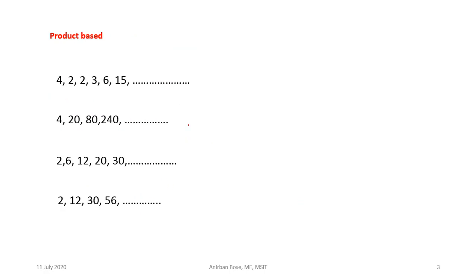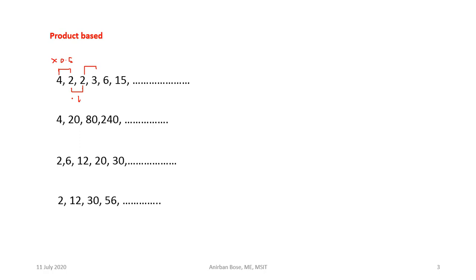Here you see some of the product based problems. You can see the speciality of this particular series, that it is initially decreasing and then increasing, and this is a typical kind. If you find this, there is always a chance that the multiplying factor will start with 0.5. So here it is 0.5. Then the multiplying factor is 1.